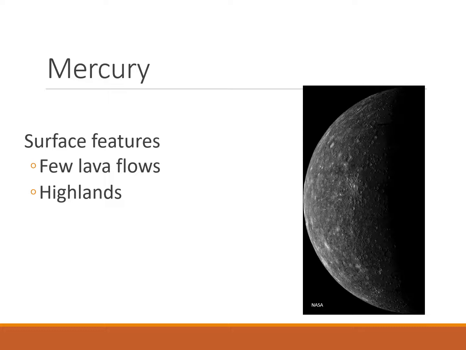So it's kind of a misconception or a misworded way of saying the side of the moon that's dark, because it's not dark. During a new moon, it's actually bright on the other side of the moon. But on the other side of the moon that we don't see, there are highlands, there are no lava beds. So the surface of Mercury is very similar to the side of the moon that we don't see.